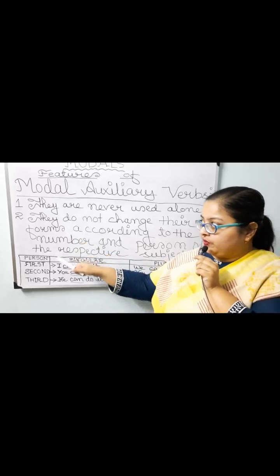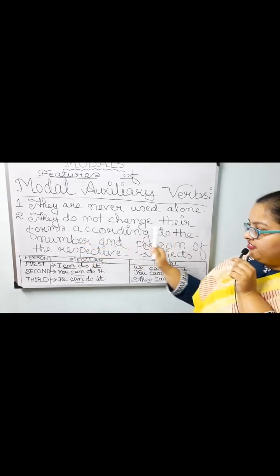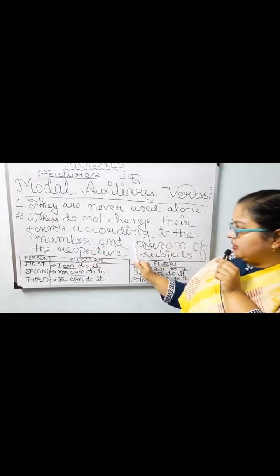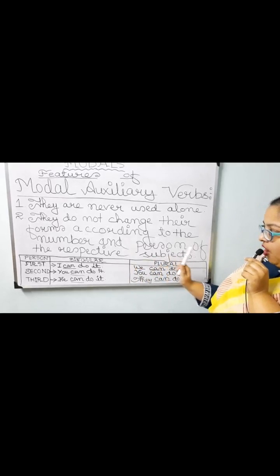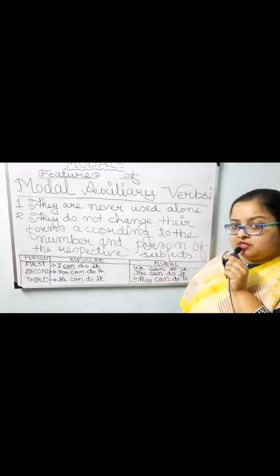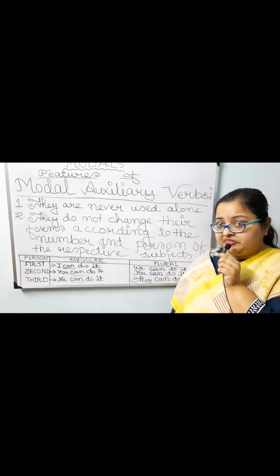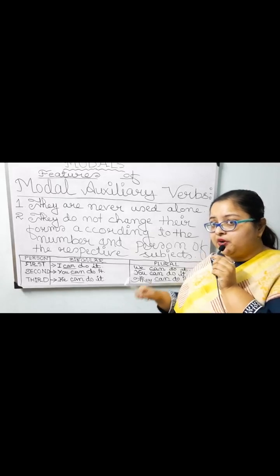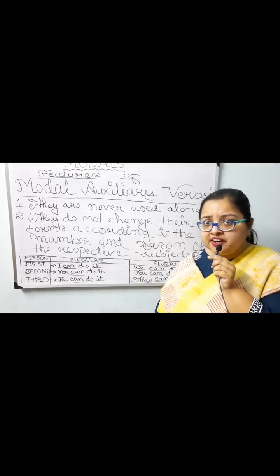Now number 2, they do not change their forms according to the number and person of the respective subjects. So let us see how they remain the same. Specifically here, I'm going to explain with a single modal auxiliary verb.